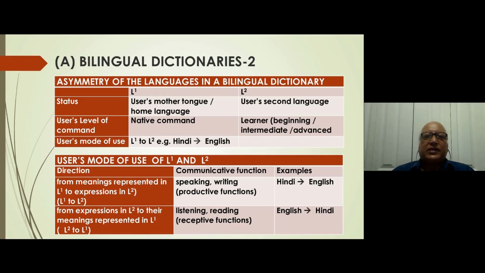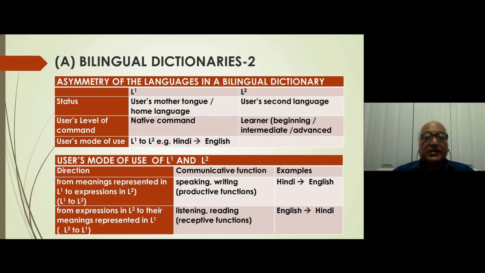So chacha, for example, would be the entry word, and then in English, of course, it will be uncle, but again, there would be other elaborations like father's younger brother, etc. And so from the familiar to the unfamiliar or relatively unfamiliar, that is one segment.